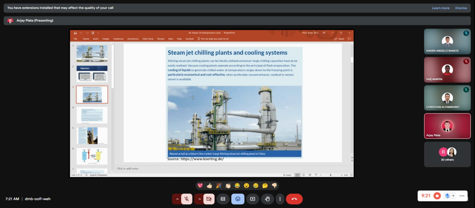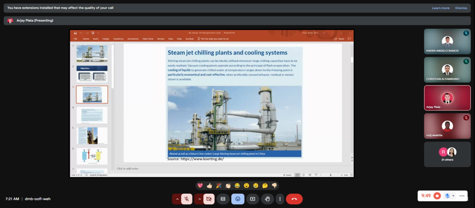So this is an example of a steam jet refrigeration system. As you can see, it looks like two large pieces of equipment connected together via a nozzle.